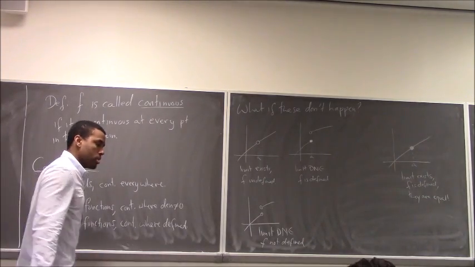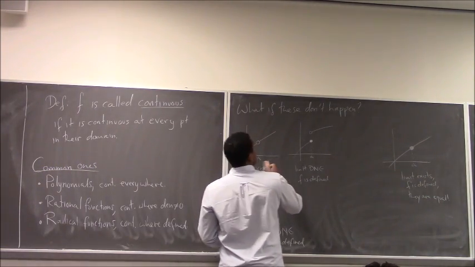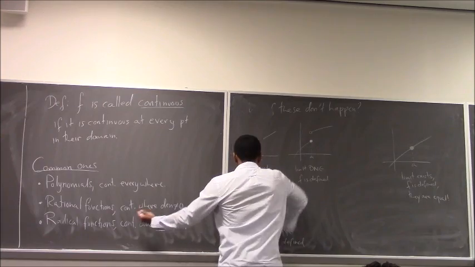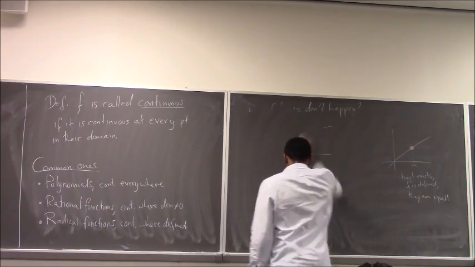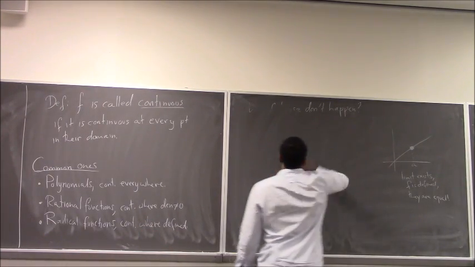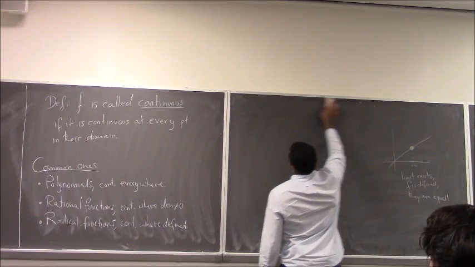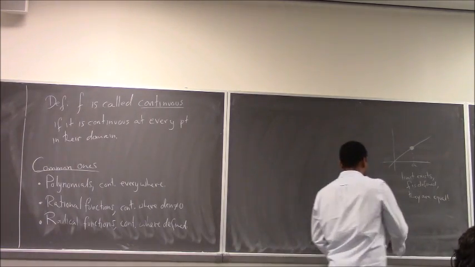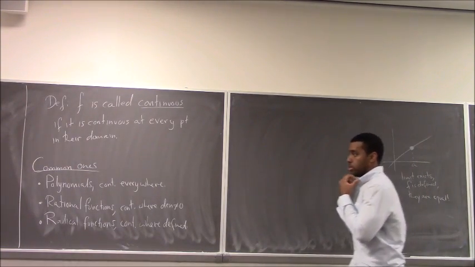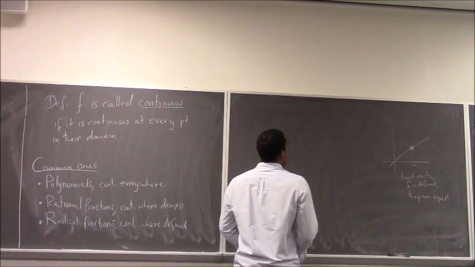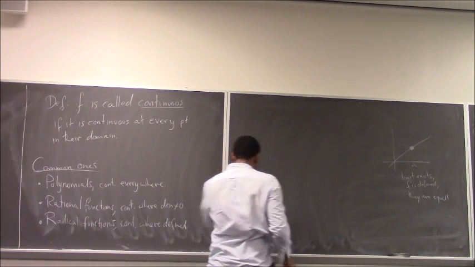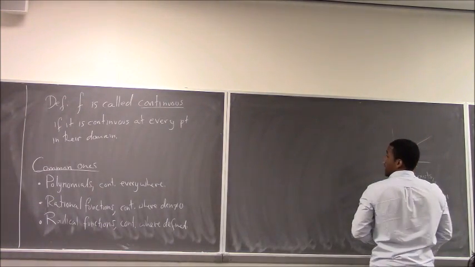Radical functions are continuous where they are defined. Remember that radicals really break into two parts, depending on whether it's an even radical or an odd radical. Those are just some nice functions.